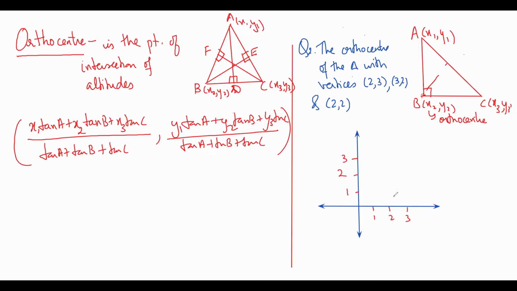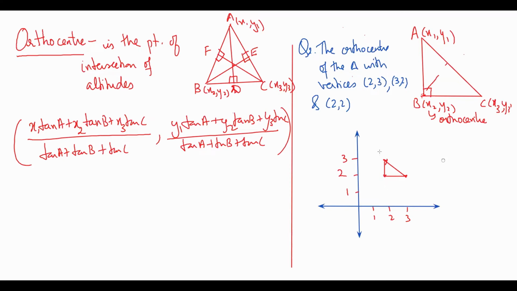So 2, 3 is somewhere here, 2, 2 is here, and 3, 2. And when I join these points, what I get turns out to be a right angle triangle.